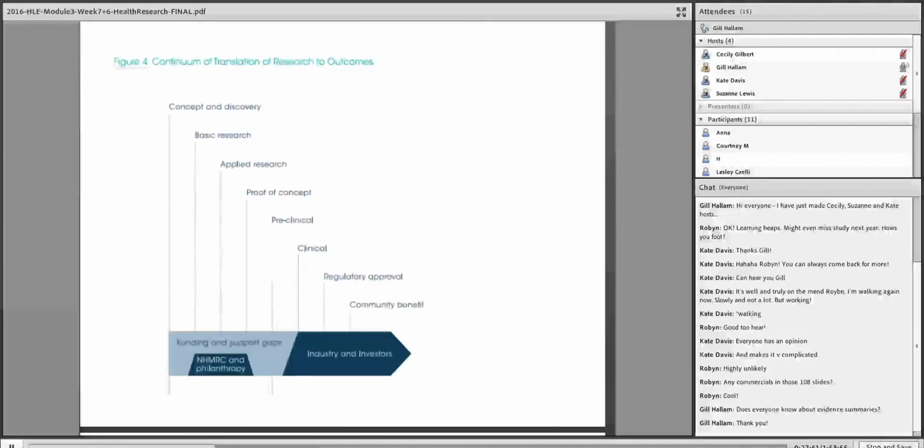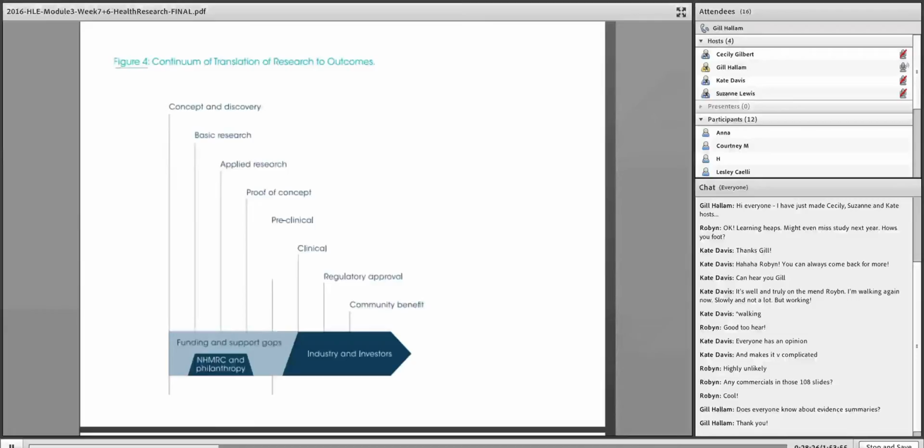This picture here shows you how that gets broken down, and some of this will get discussed in some of the ideas around study designs as well. So from a basic concept and basic research, going through a longitudinal stage, to community benefit. There are lots of different steps involved, where you've got the basic research, which then translates into applied research, proof of concept, then preclinical and clinical situations, regulatory approval, and ultimately community benefit.